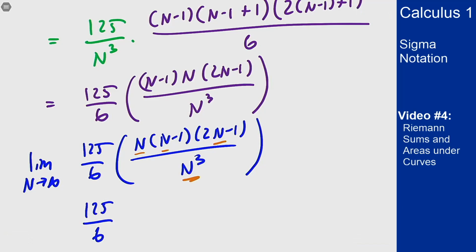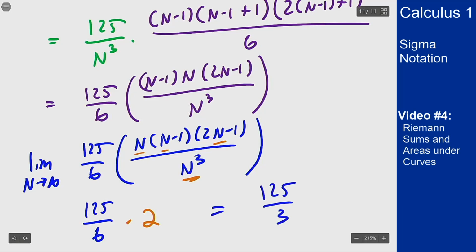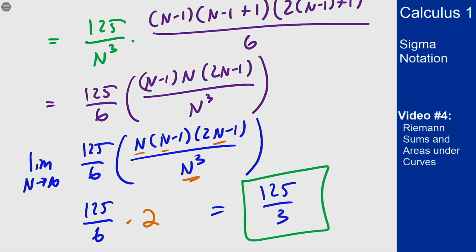On the top I have coefficient 2 if I were to expand all that out, and on the bottom I have coefficient 1. Therefore, by our normal rules for doing limits to infinity for rational functions like this, this limit here is 2. Because I have a 2n cubed on top and an n cubed on the bottom, that's the highest power. So what I get there is 2, so my answer is 125 over 3. And so that is the area under the graph of x squared between 0 and 5.